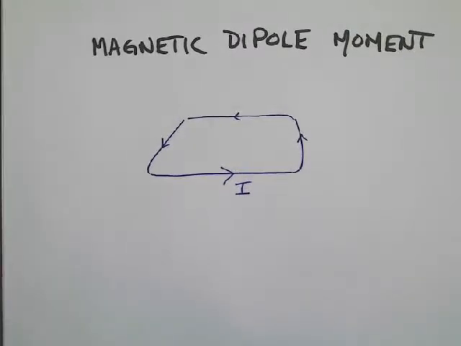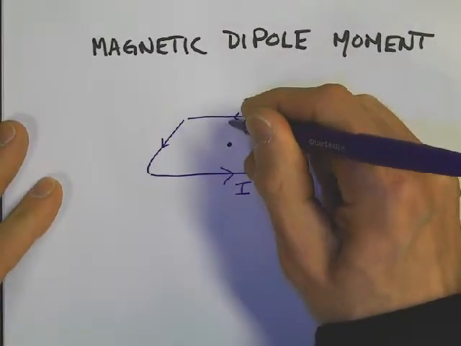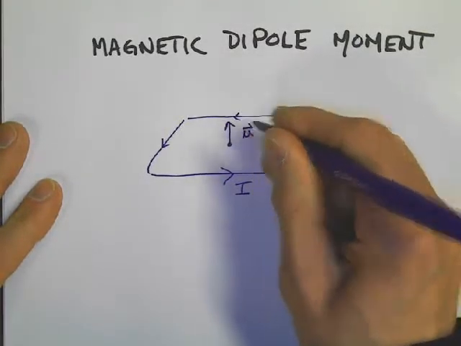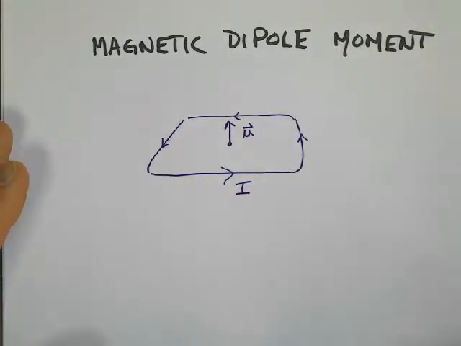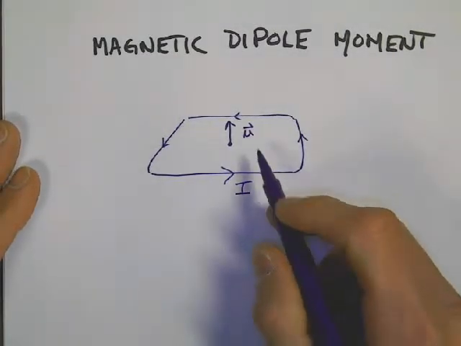The magnetic dipole moment is basically going to be a vector quantity, and it's going to be perpendicular to the plane of this loop. So I'm going to draw a dot right in the middle of the loop, and then I'm going to draw a vector, and the symbol for that vector is the mu, which is that Greek letter that we've seen before.